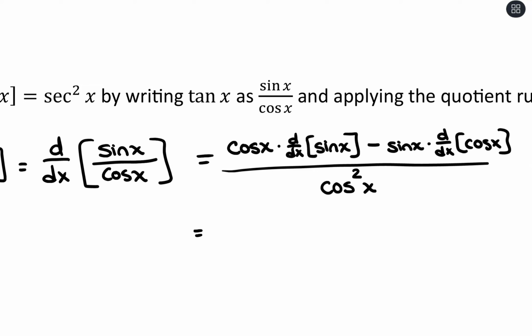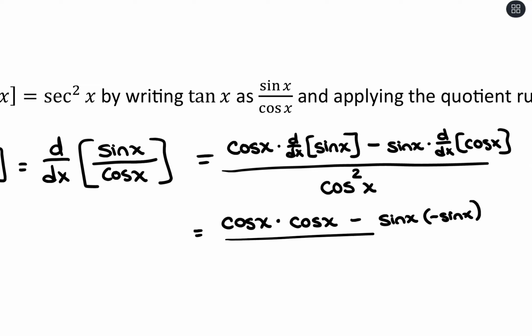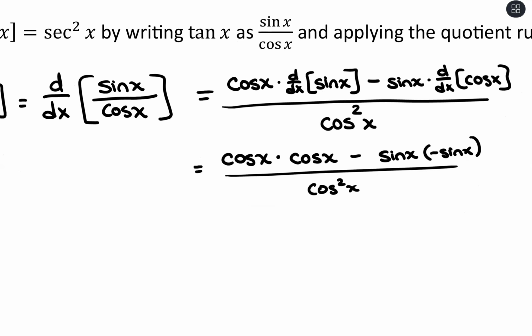All right, so cosine of x times the derivative of sine of x is just cosine of x, minus sine of x times the derivative of cosine of x, which is a negative sine of x, over cosine squared of x. And what we're going to have up here is cosine squared x plus sine squared x.